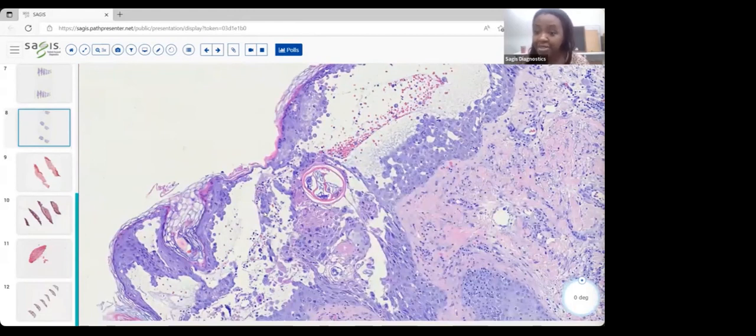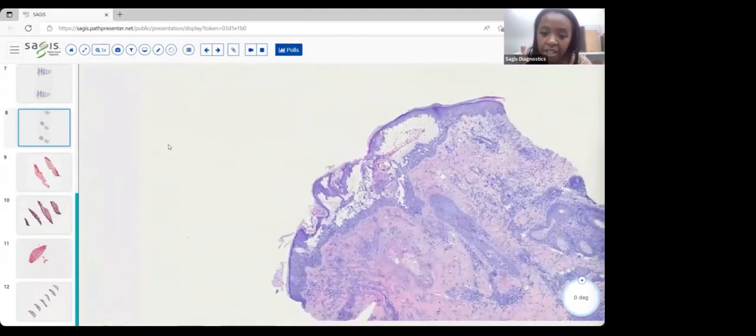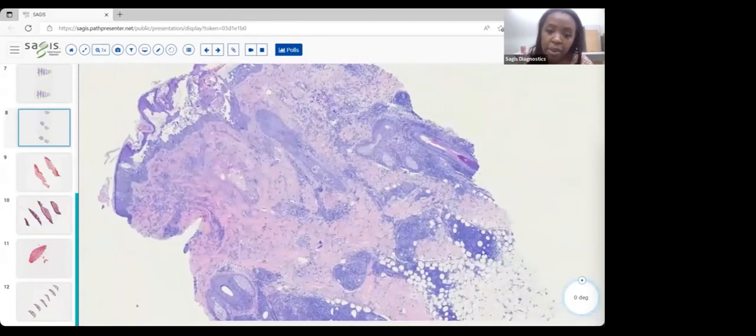That is a different kind of cytopathic effect, okay? And then there are just certain categories of viral infections that do this. It's mostly associated with the herpes viruses, okay?